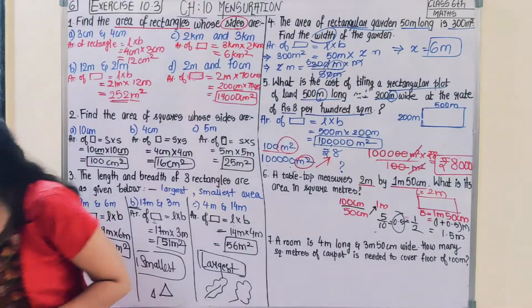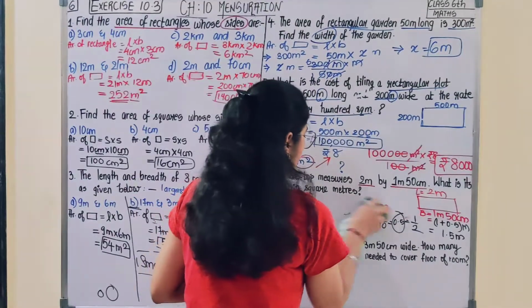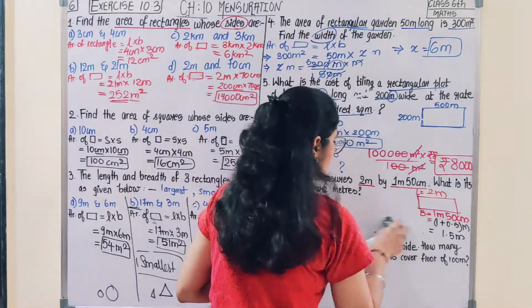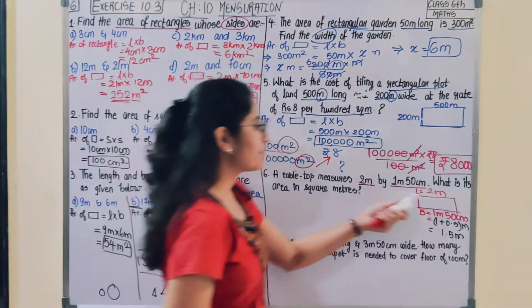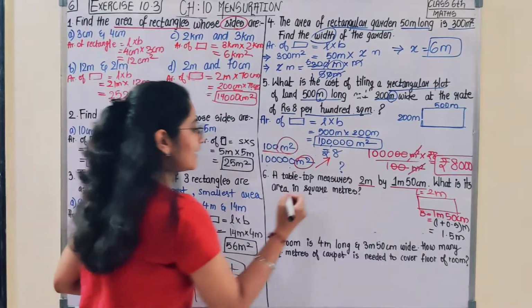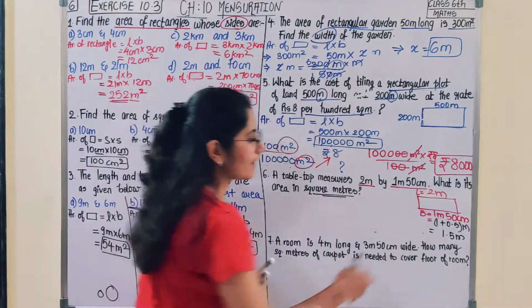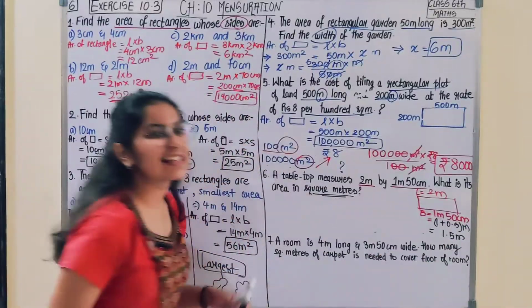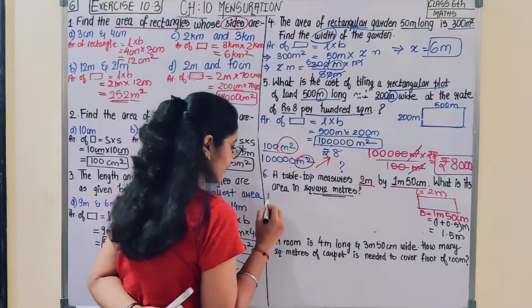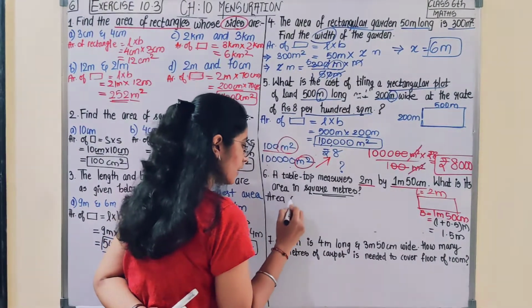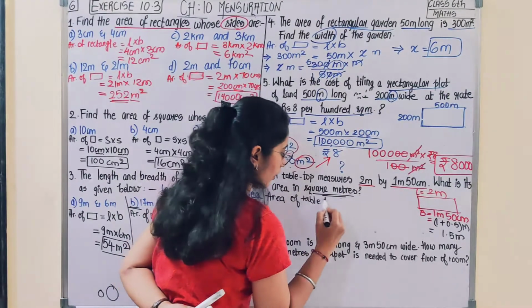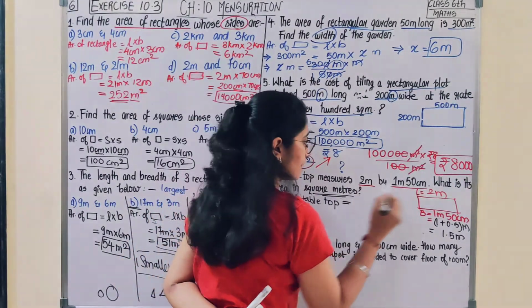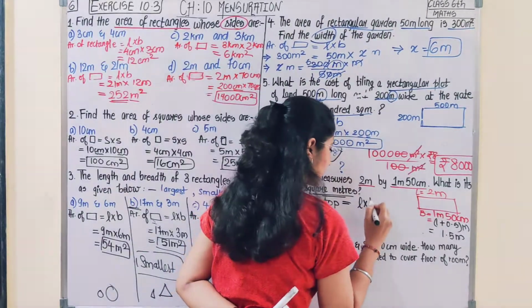Okay, so we have now converted all the dimensions in meter. Now we have to calculate the area in square meter. That's why I converted this in meter, not in centimeter. Okay, so again, area of the tabletop is, because it is rectangular, length into breadth.